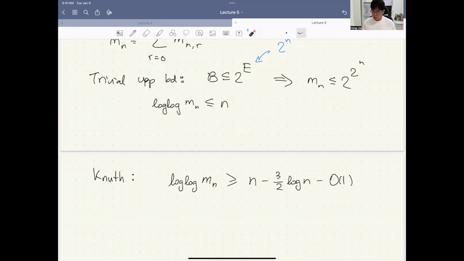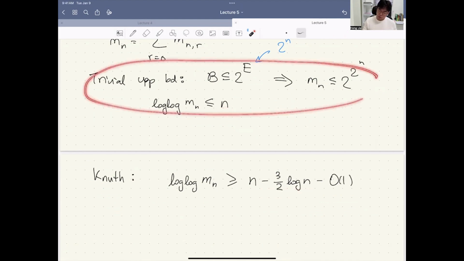So if you take log, there's this gap between the upper and lower bound. We can slightly close this gap using a slightly more clever argument.